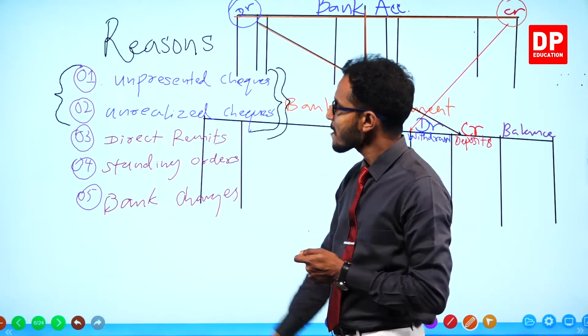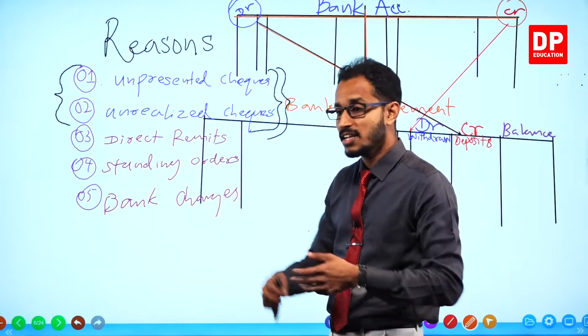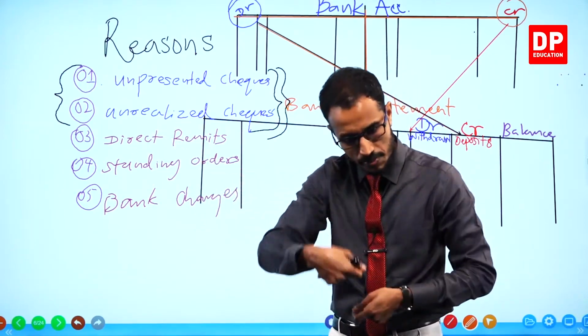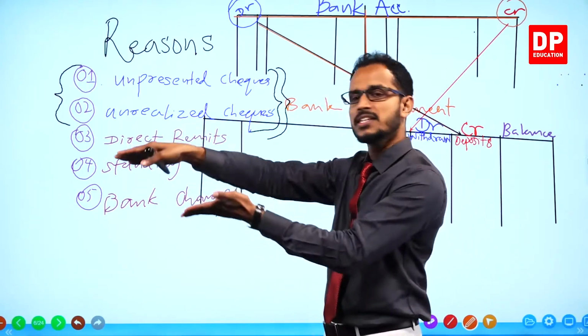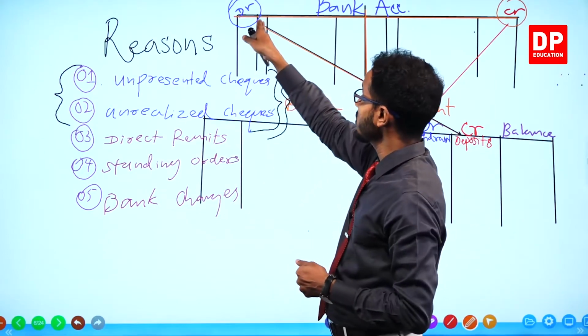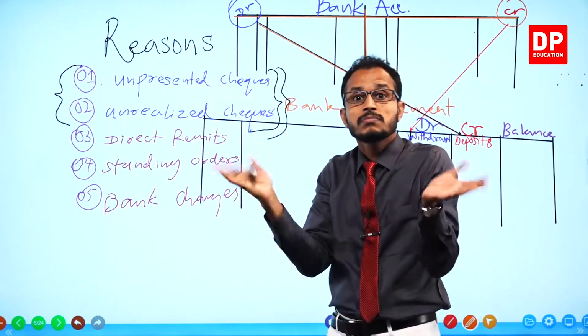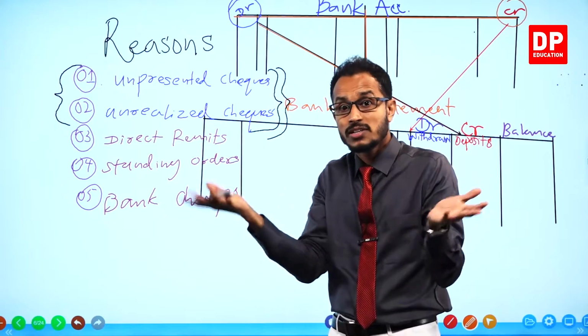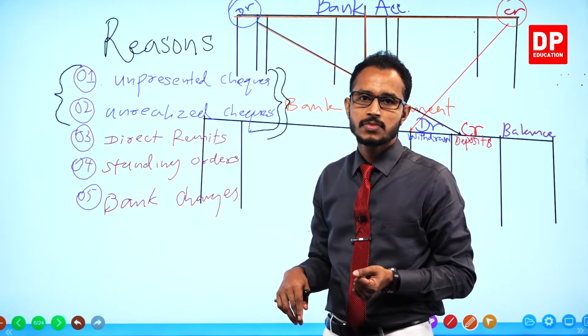Now you remember. Just like that, unrealized checks are the checks that we have received, accepted, and deposited in the bank. We have debited when we deposit, but the bank has not yet taken, not yet realized.